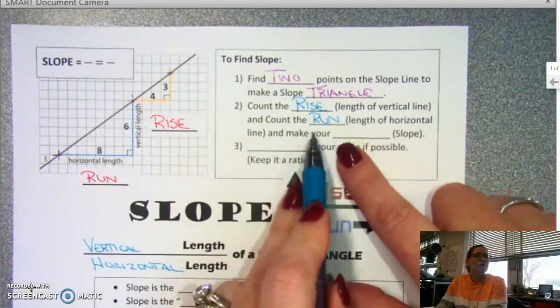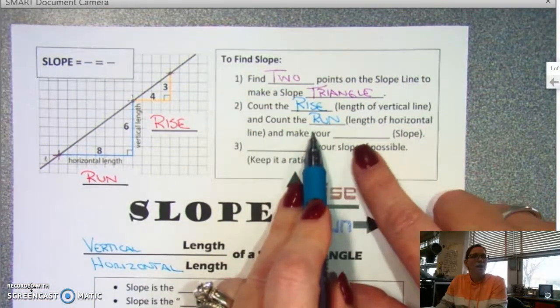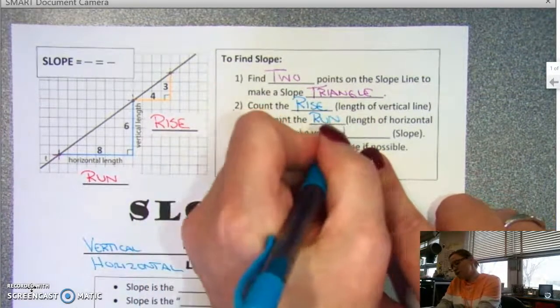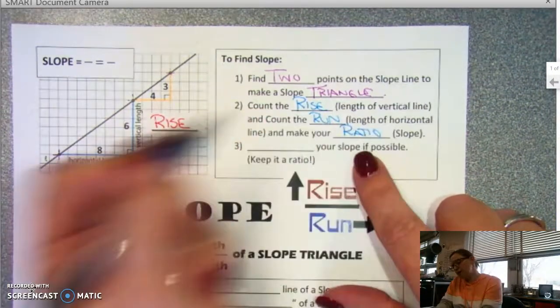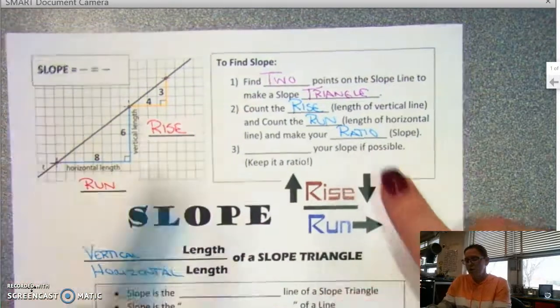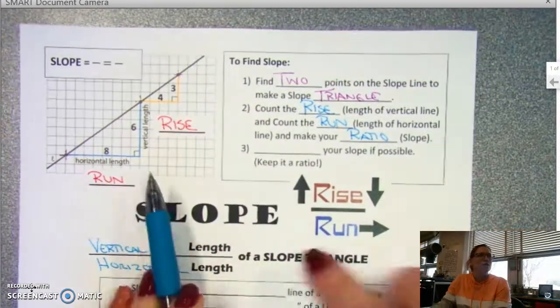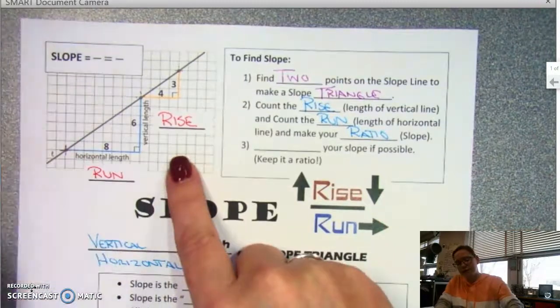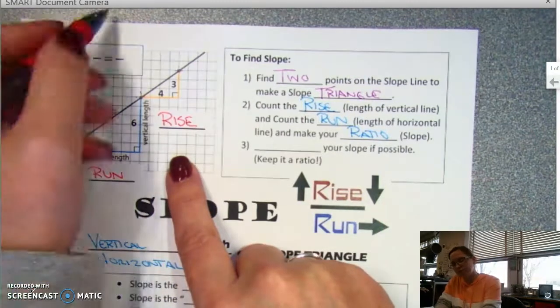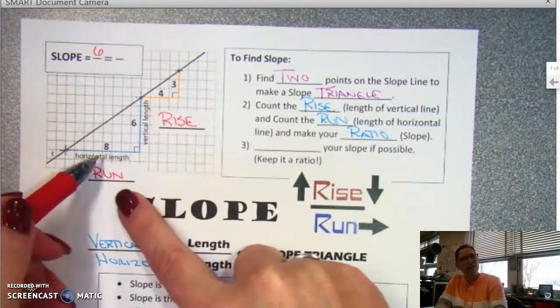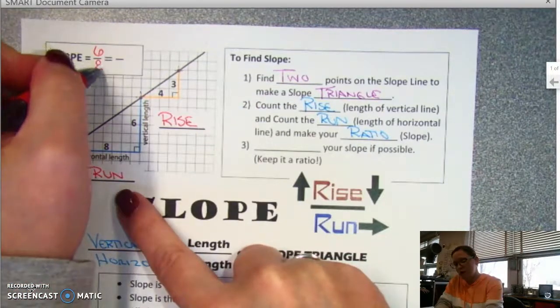So we have our rise, we have our run, and this will make our slope ratio, the ratio that we need to identify slope. So we know that slope is rise over run. So if our rise is 6 and our run is 8, that would be our ratio.